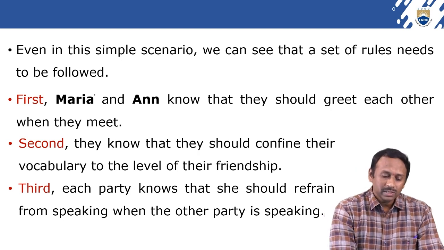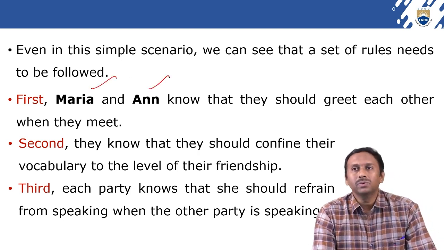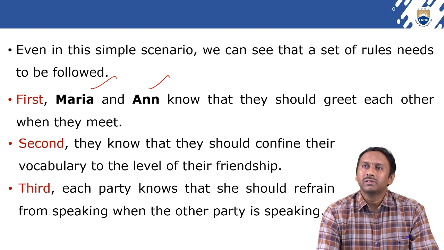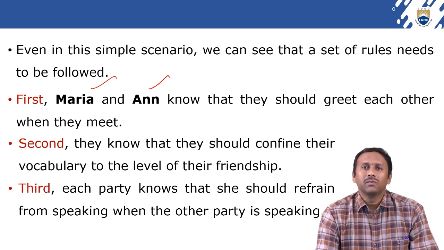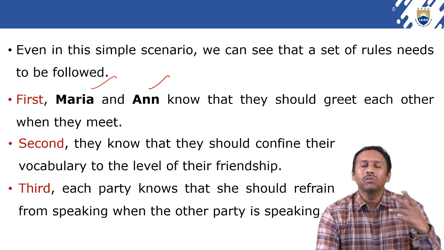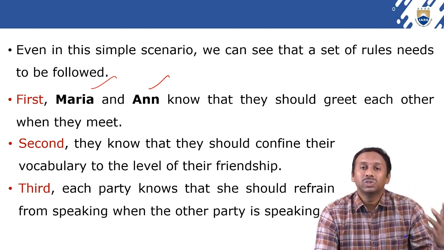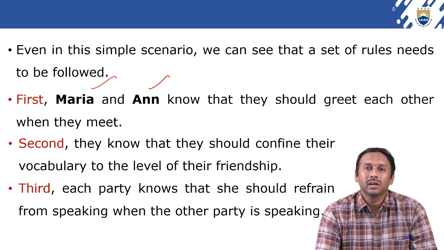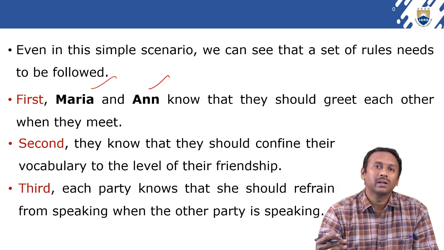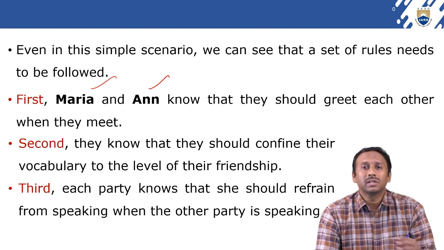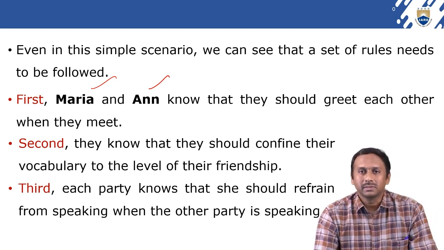So first, Maria and Anne know that they should greet each other when they meet, isn't it? When two people are always sharing and discussing their ideas, their maturity level, how they communicate, how they think, and how they approach each other is completely different from others.